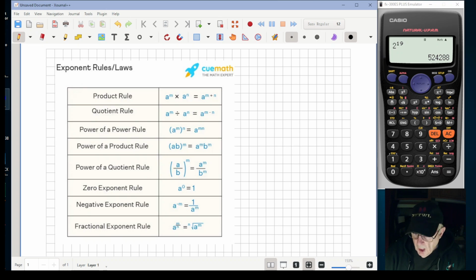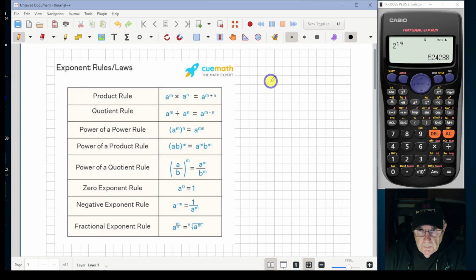One of the most common ones to be used, the two most common are probably the product and quotient. Product always implies the idea of multiplying. Quotient means that you're dividing. More jargon. Okay. Notice that the base has to be the same base. It's an A in both of these cases.